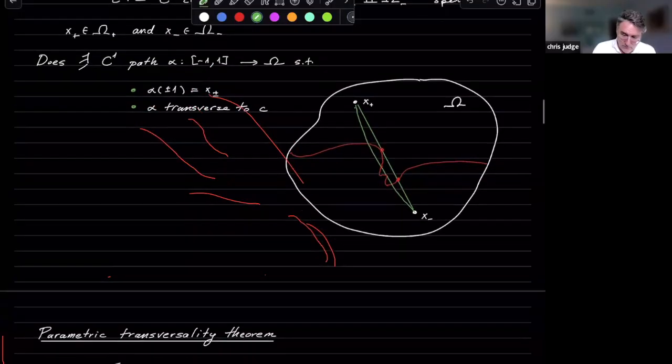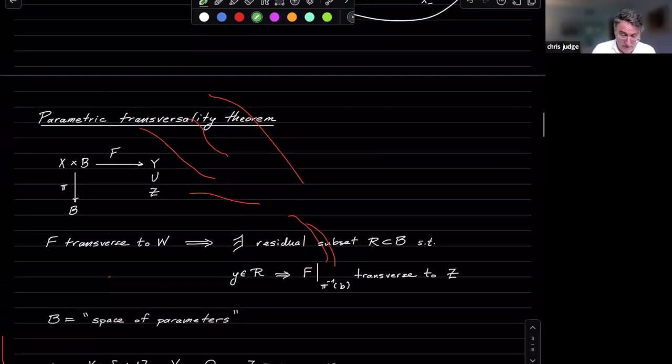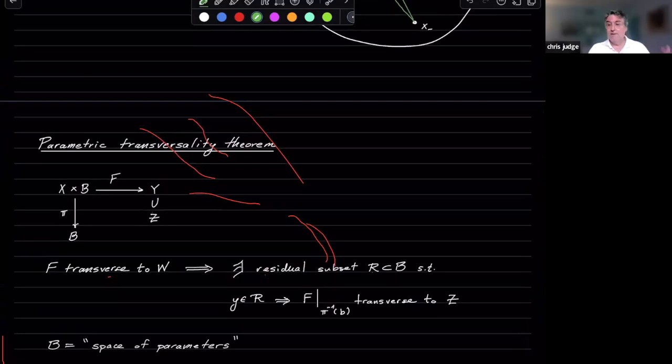Okay, so here's the parametric transversality theorem, which is the theorem that makes everything nice. What we do is we have a space X, and a parameter space B. B is going to represent the parameters by which we perturb.